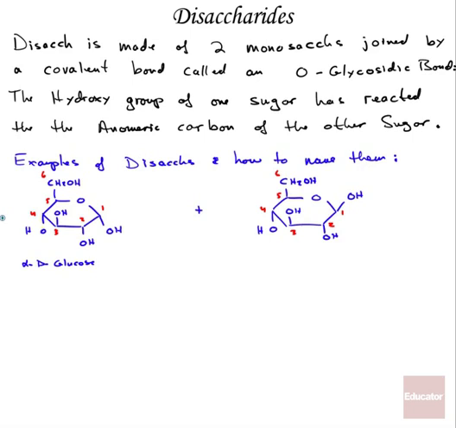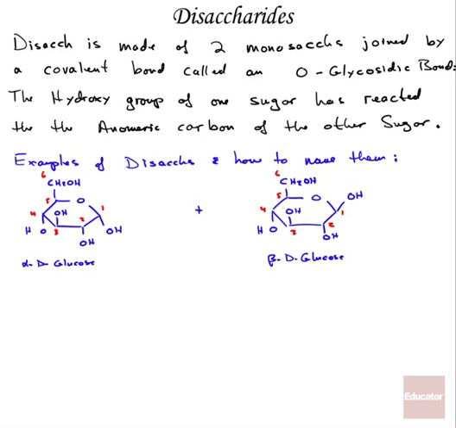So this is beta-D-glucose. There's a bunch of hydroxys here that can react with this anomeric carbon. In this particular case, we're going to form a 1,4 connection. The anomeric carbon, the number 1 carbon, is connected to the number 4 carbon.